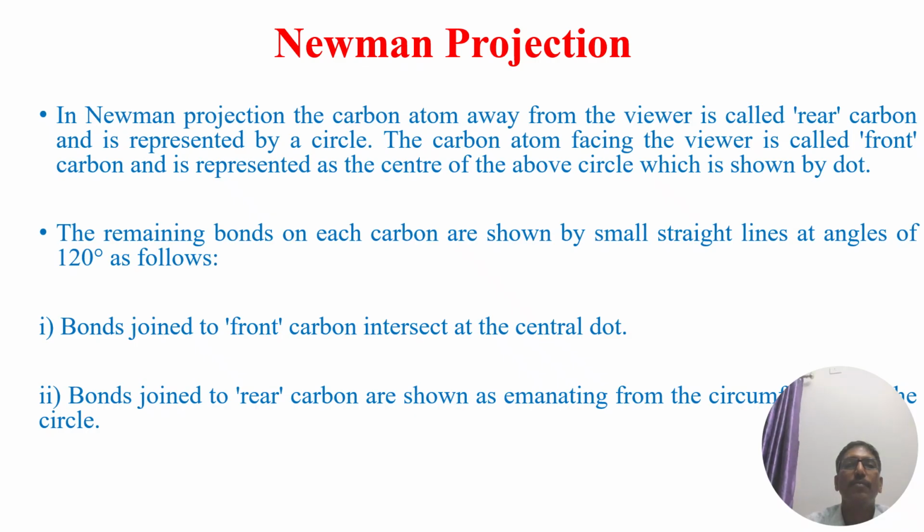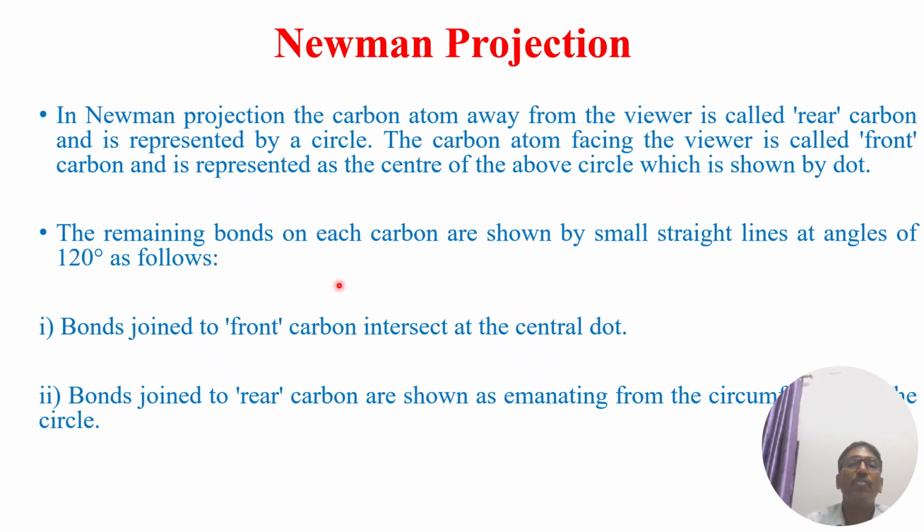Having seen the Fischer projection, next let's see the Newman projection. In Newman projection, the carbon atom away from the viewer is called the rear carbon and is represented by a circle that we can see in the next slide. The carbon atom facing the viewer is called the front carbon and is represented as the center of the circle, which is shown by a dot.